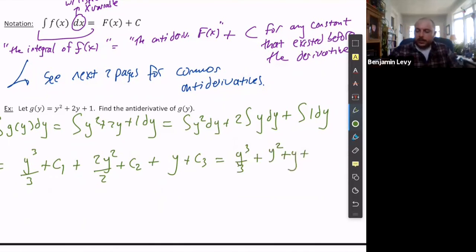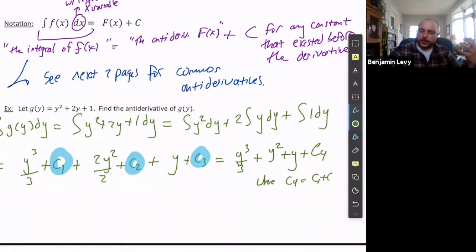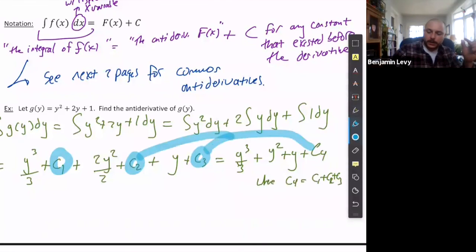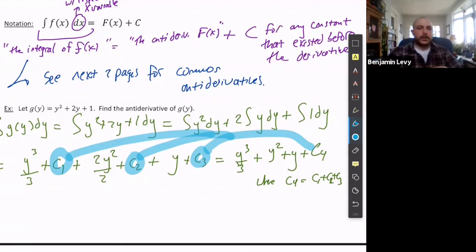And instead of writing three separate c's, we just kind of think about them collapsing into a fourth c. I don't need people to do this in practice. But what I'm trying to say is when you think about them individually, they each get a plus c, but then those collapse into this fourth c. And so really you only need to add on 1 plus c, right?